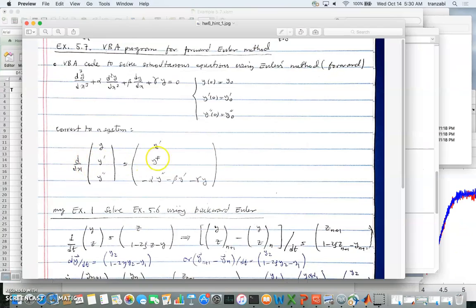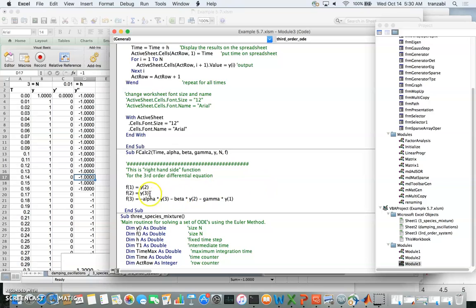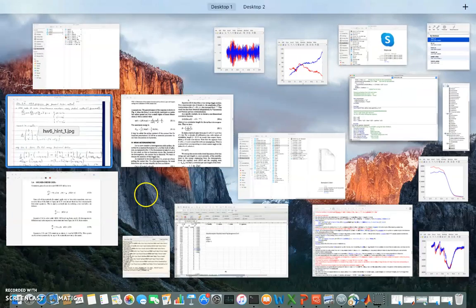Just remember that y prime is going to be the second element of this y vector. This is the y vector. Y prime is the second element of it, and y double prime is the third element of it. So I rewrite those three equations in this form. The right-hand side of the first equation is the second element of y. The right-hand side of the second equation is the third element of y, right?